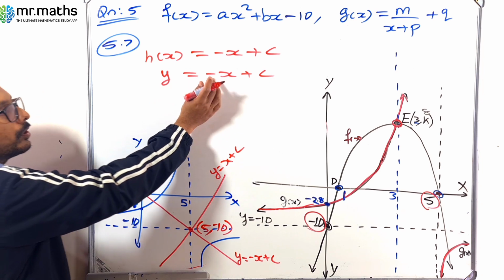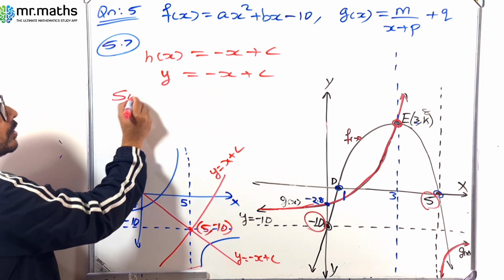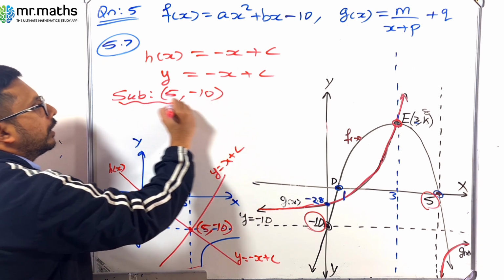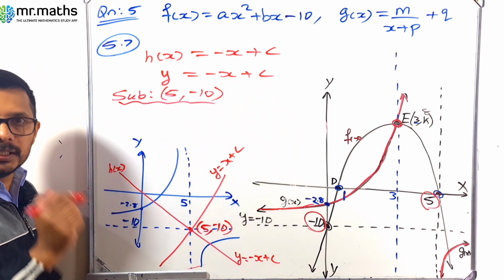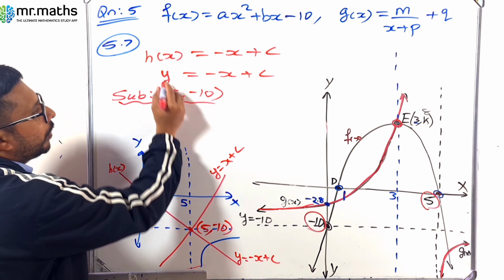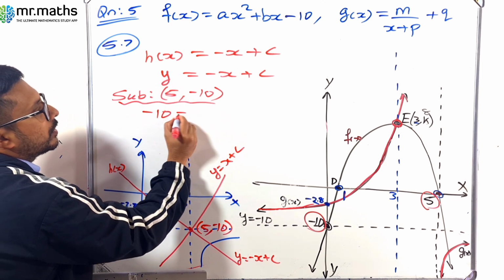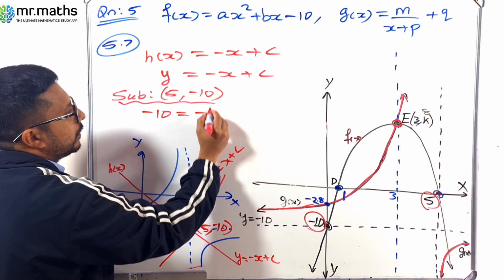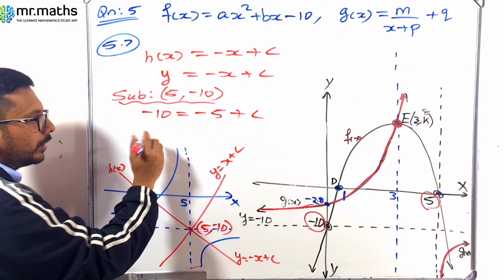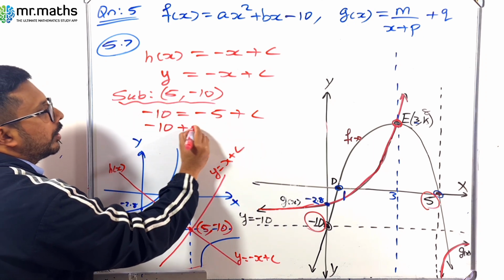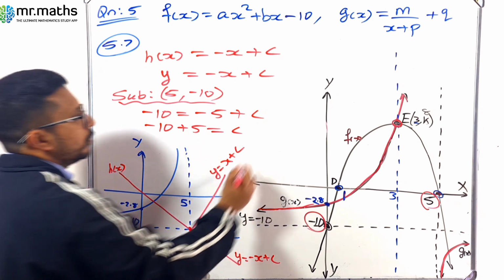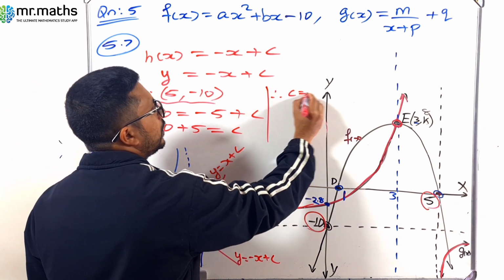We can substitute 5 comma minus 10 here, because the axis of symmetry passes through the intersecting point of both asymptotes. So y, minus 10, is equal to minus x, x is 5, plus c. Take this minus 5 to this side. So minus 10 plus 5 is equal to c. Minus 10 plus 5 is minus 5.